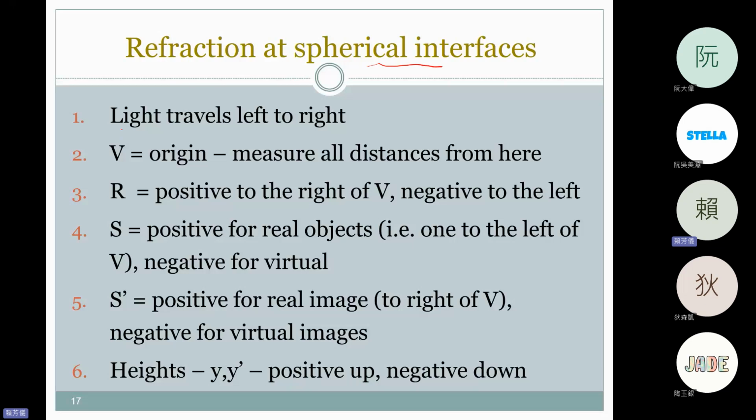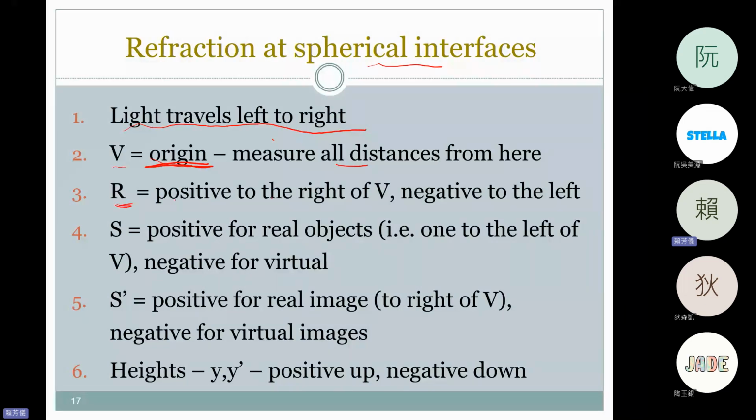Okay, so first, the light travels from left to right, and we use this to decide the positive or negative sign. Distances are measured from V. And R is the radius of curvature.